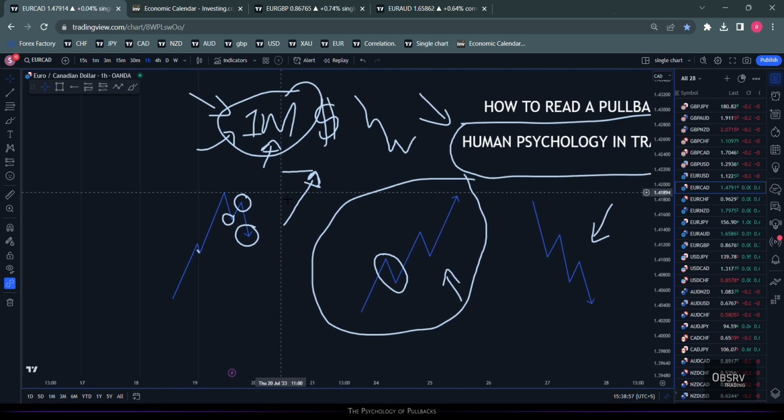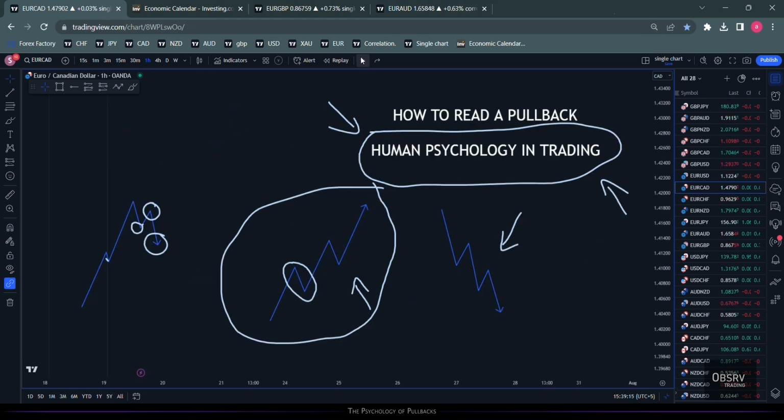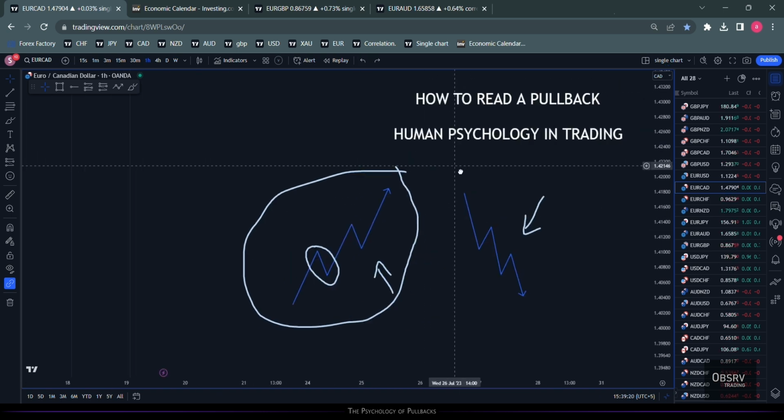I'm going to have to keep repeating the same words. Please do not find it monotonous, but these are important words, so that is why we're repeating them. So let me just clear all of this and talk about another very important piece that also falls under the human psychology in trading.